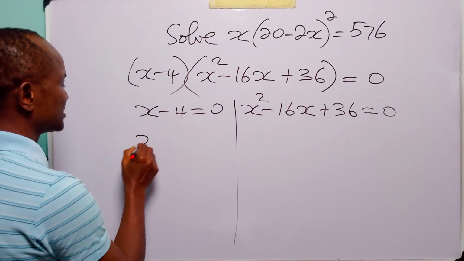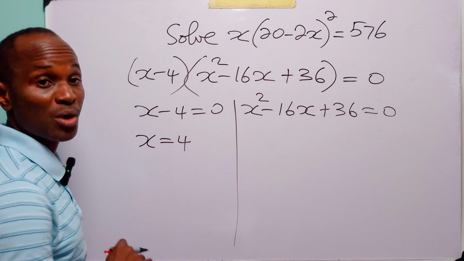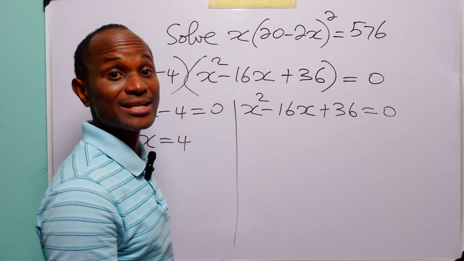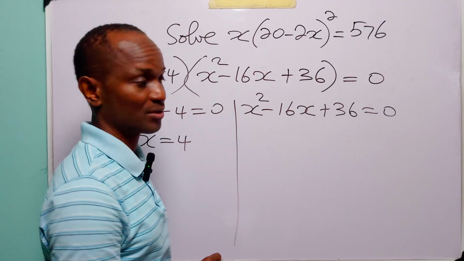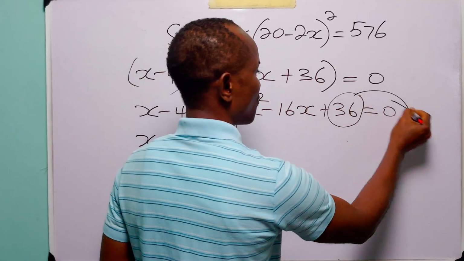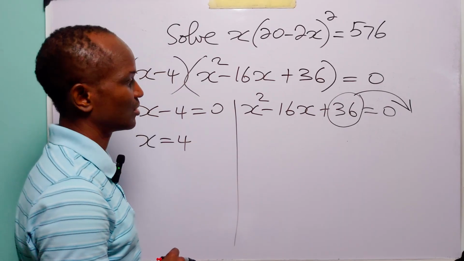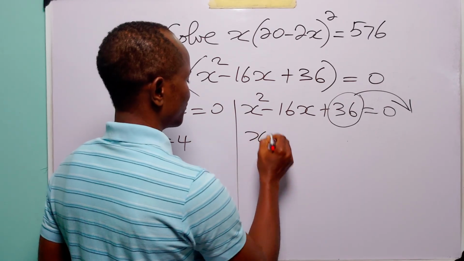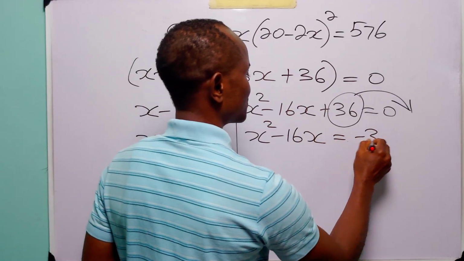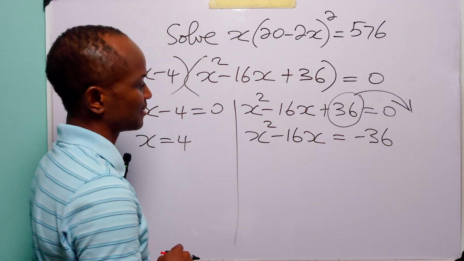From here, we immediately see that x is equal to 4. Now, we cannot factorize this equation, but we can solve by completing the square method. The first thing to do is to move this constant term over to the right-hand side of the equation. When we do that, we have x squared minus 16x is equal to minus 36.